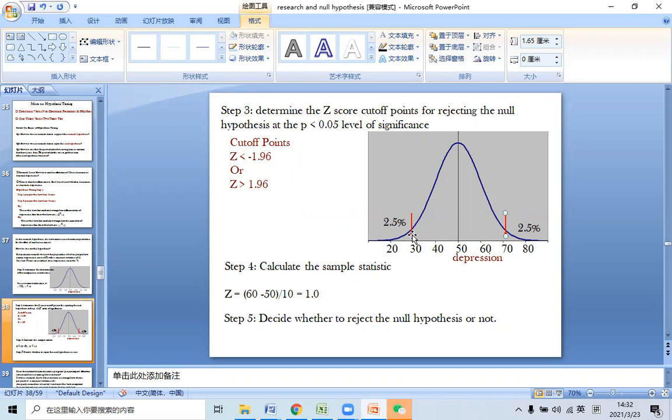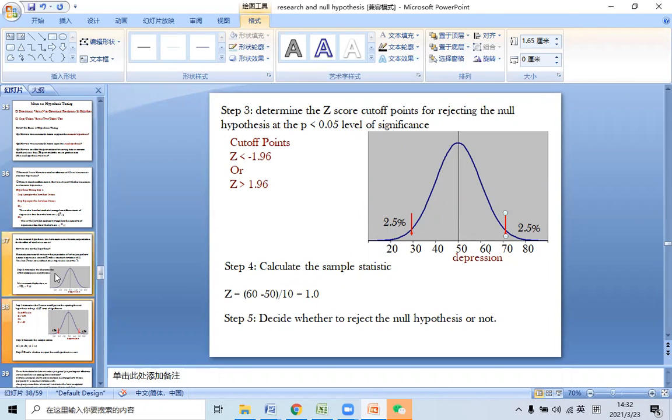This is your decision cutoff. And then you are ready to show the evidence. Is my evidence really extreme enough to reject the null hypothesis?